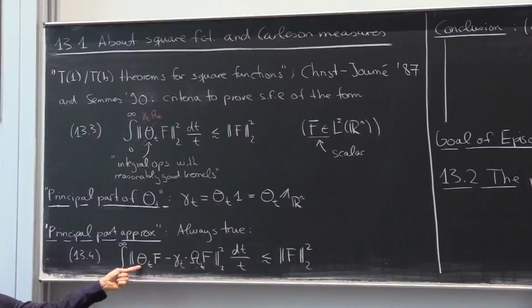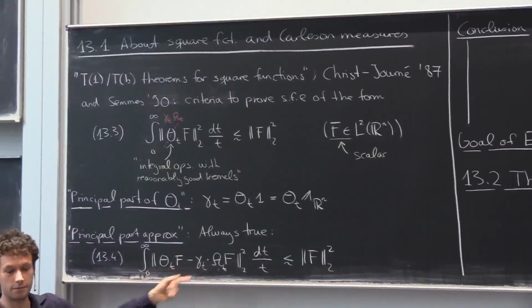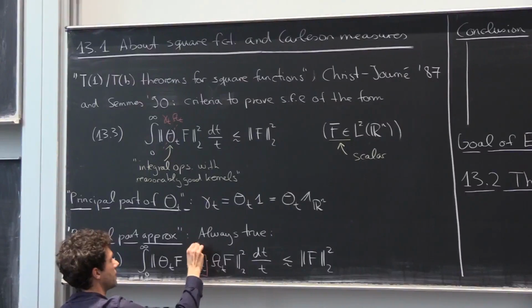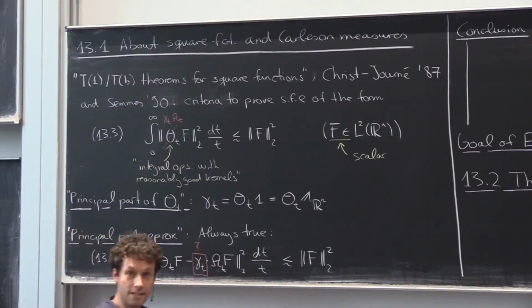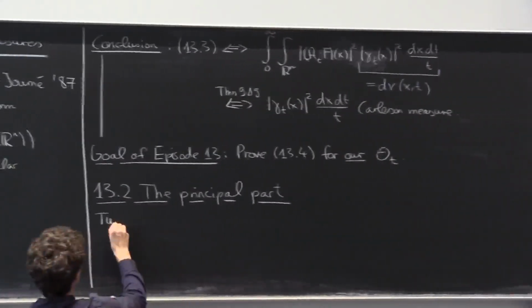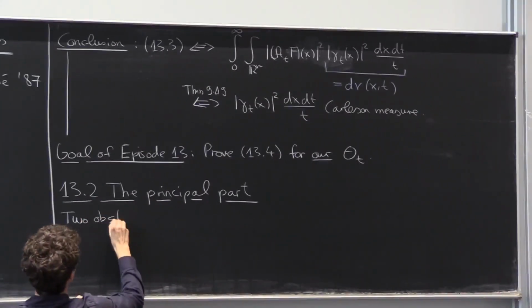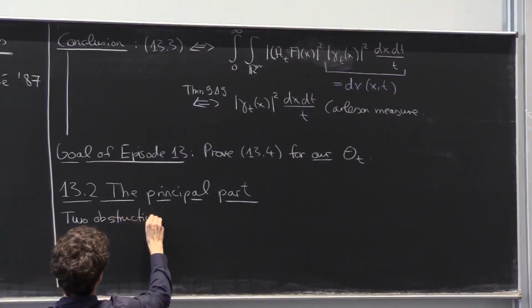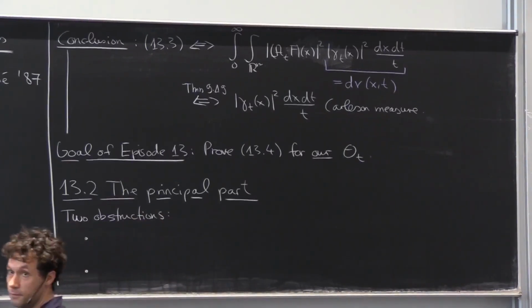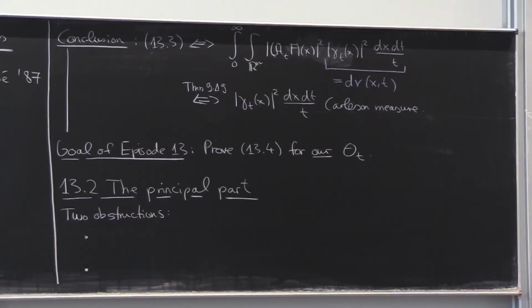I want to prove this, so I should define this first, right? The question is, what is this? And now I see immediately two obstructions, two big obstacles, potentially. You have to help me. I tell you the second one if you tell me the first one.